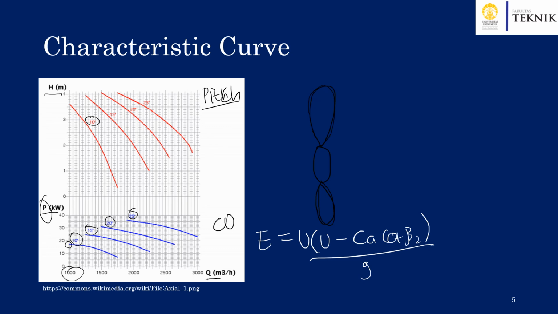As the flow rate increases, this part will also increase, right? Therefore the energy will decrease mathematically. So we see here that the energy consumption is getting lower when the flow is increasing. Mathematically, that's how we are going to explain it.